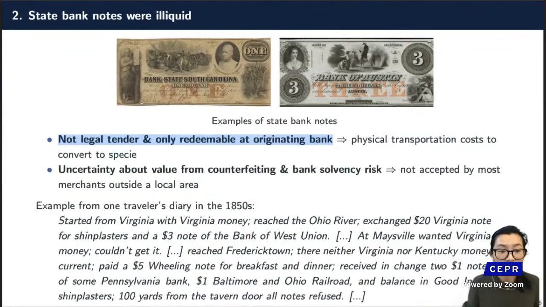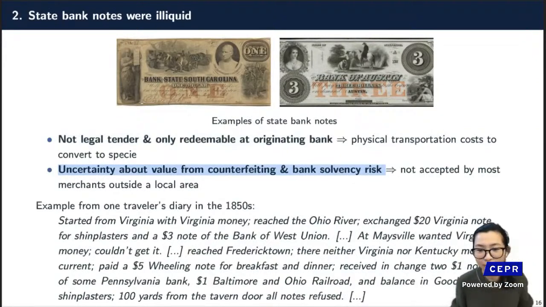There was also, as is understandable, a lot of uncertainty about the value of any given note that comes from this risk of counterfeiting or even of bank solvency. If you're in Georgia and you have this Bank of South Carolina note, you don't really know whether this is a real note, whether this is a real bank that exists.